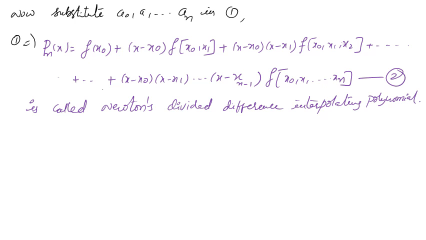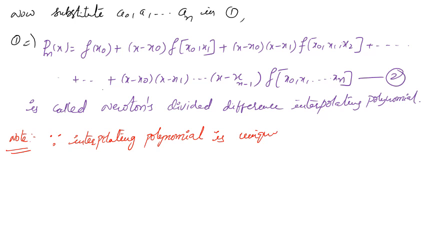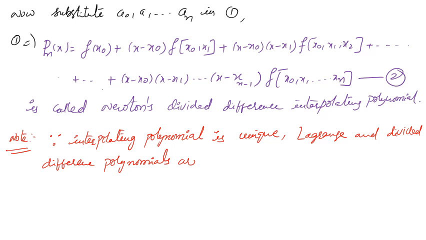This is the derivation of Newton's divided difference interpolating polynomial. One note: since the interpolating polynomial exists and is unique, Lagrange interpolation and divided difference polynomials are two different forms of the same polynomial.